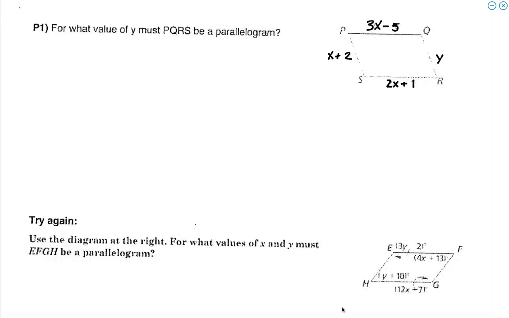So the homework problems for this, and even on the homework quiz, they're very algebraic, and it's almost as if they could be a problem from the previous section using all the theorems. So for what value of y must PQRS be a parallelogram?